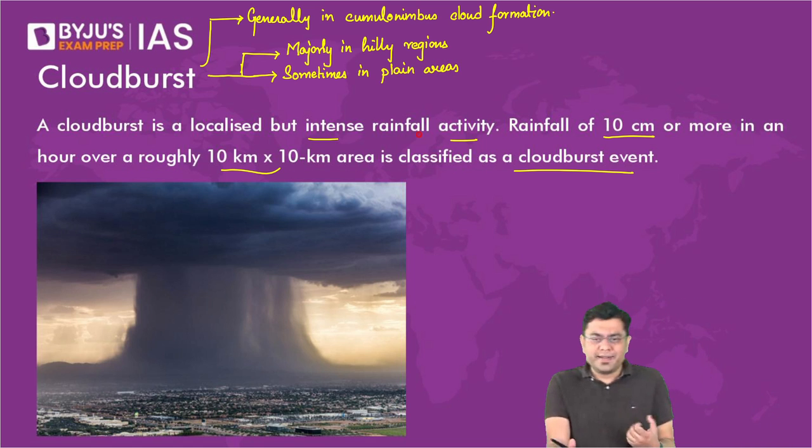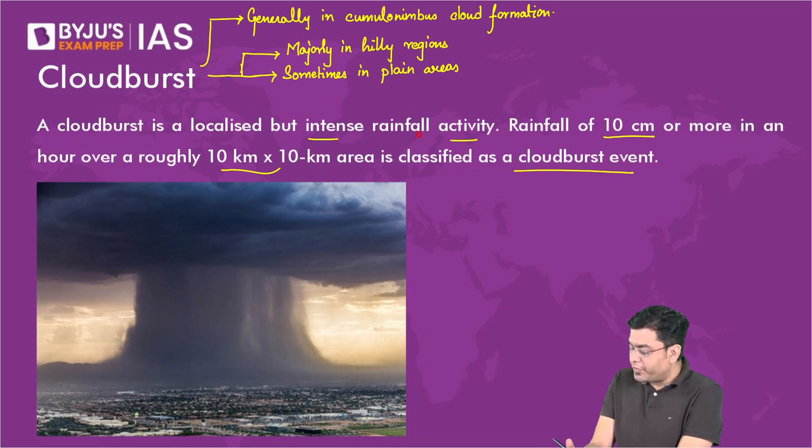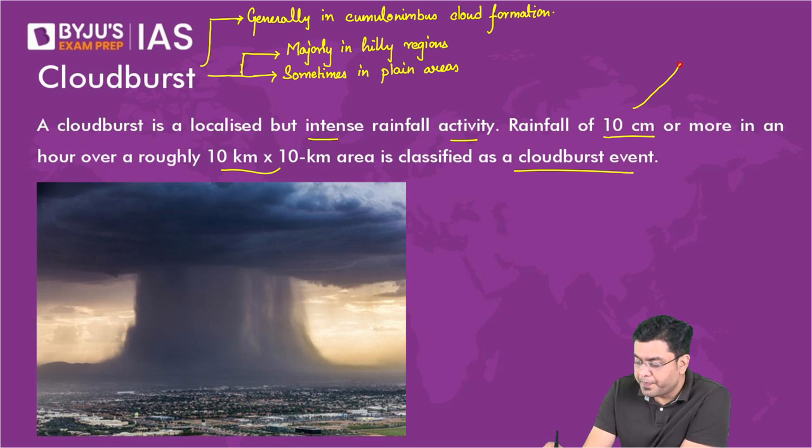So, why does it happen? Let us understand that process. For example, let's suppose you consider a hilly or a mountainous region. Now, in this case, if you have winds which are consistently moving, let's suppose monsoonal winds.